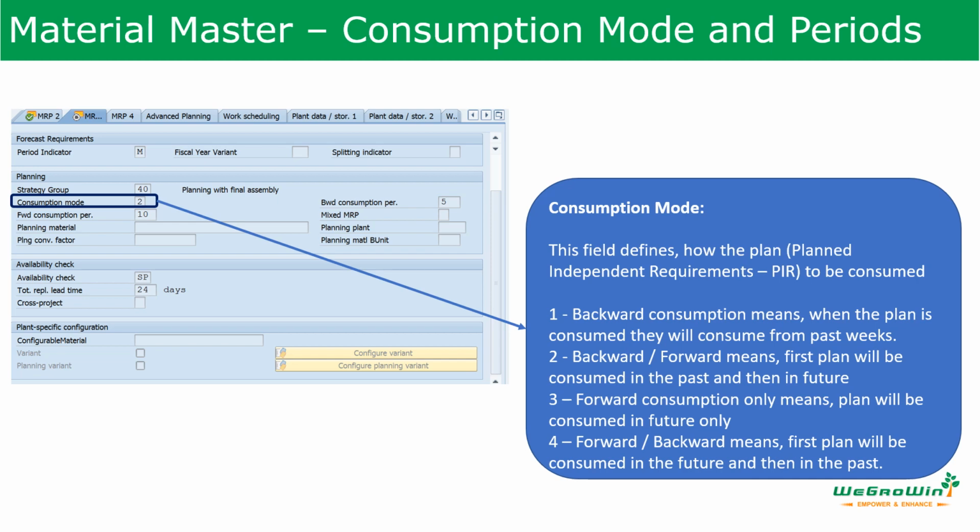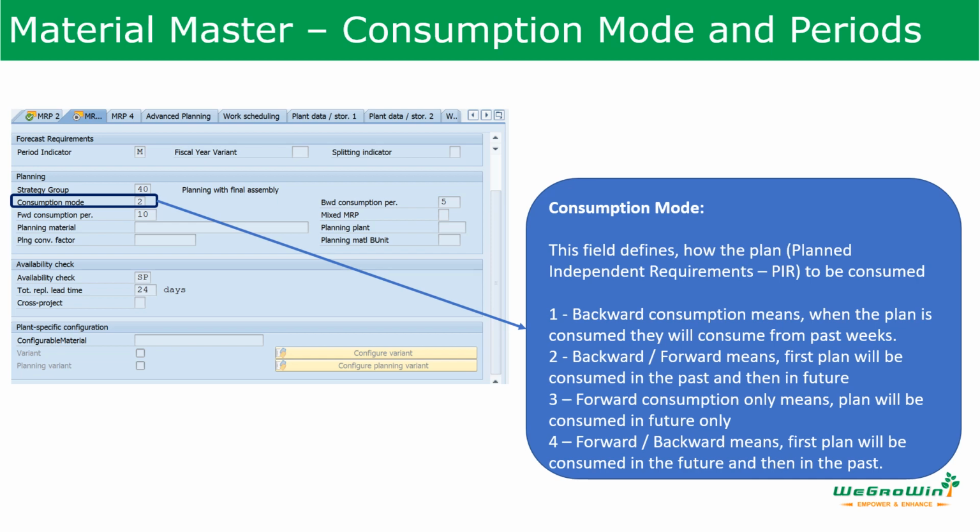Why are we having different consumption modes, backward, forward, like this? See, there are many requirements from different industries. There are some companies where we don't want to maintain the past plan, materials in the past dates like that. So they will prefer only forward. Or there are some organizations where they look at consuming the plan in the forward direction, then there are some items we can maintain in the backward direction also, the past date also.